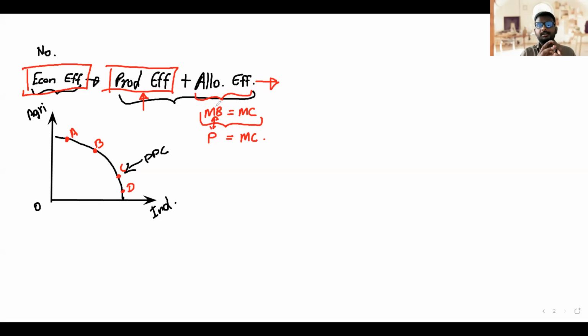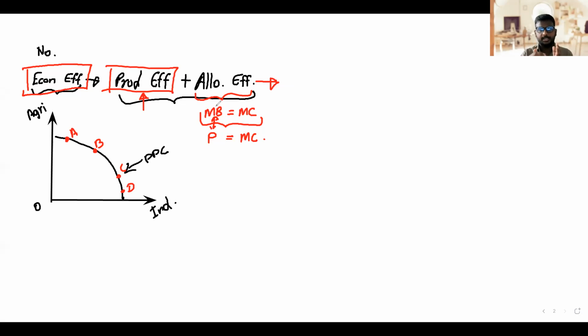It can be seen all along the PPC curve. Those two points you have to give regarding productive efficiency. Allocative efficiency shows the most preferred combination of the society. It is achieved where MB is equal to MC, only at one point on the PPC.